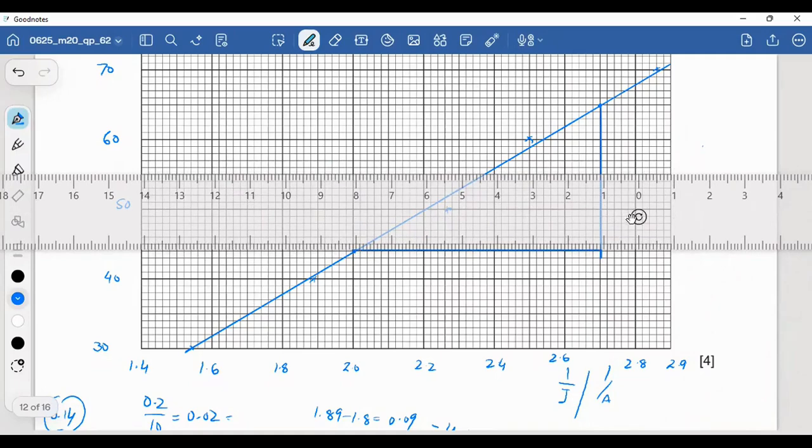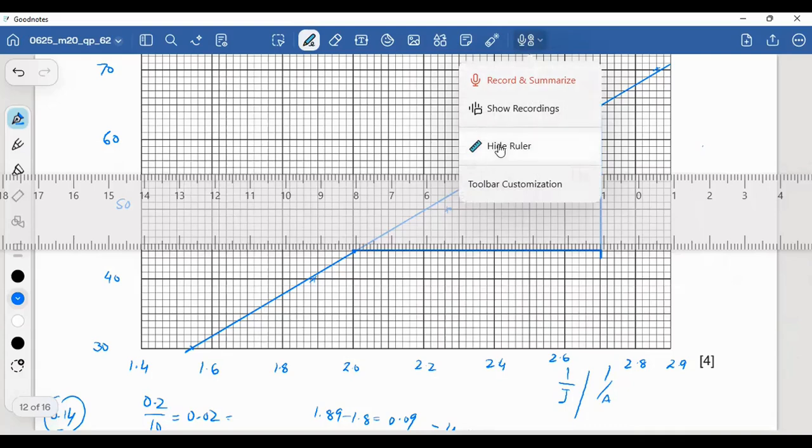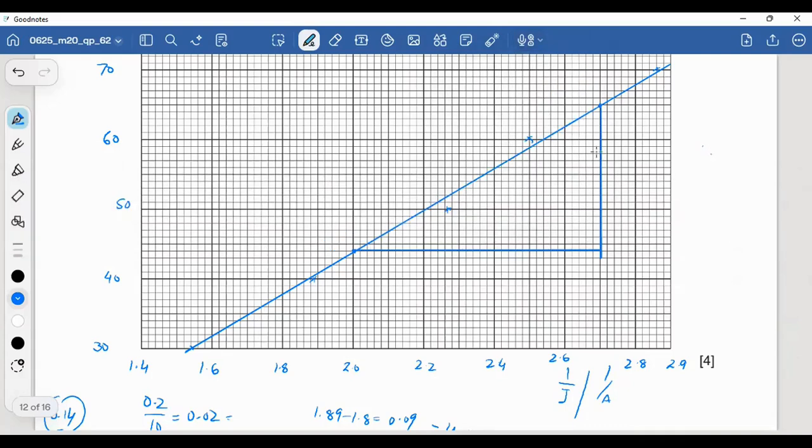That is your working. Now find the coordinates of these 2 points. For example, this one is 65 and this one is 44. Here this is 2.7 and here this is 2.0.